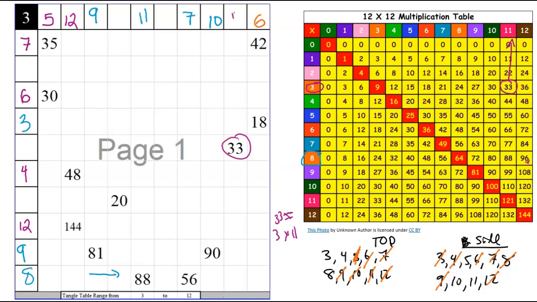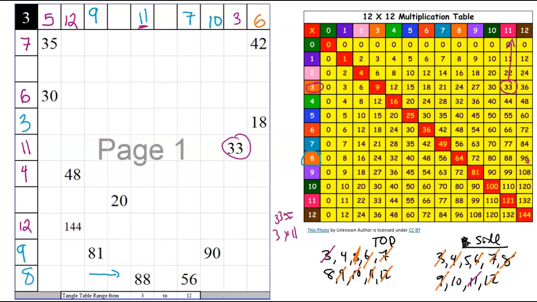Now, I can't put 11 here because I already have an 11. So I don't want to put 11 here because that also means I have to put a 3 here, and I already have a 3 here. Again, I don't want any numbers to repeat. So why don't I just switch it? Why don't I put an 11 here and put a 3 on top? Now I get to take away the 3 on top and the 11 on the side.